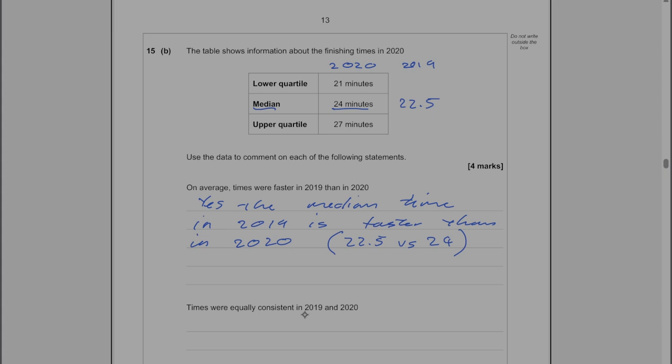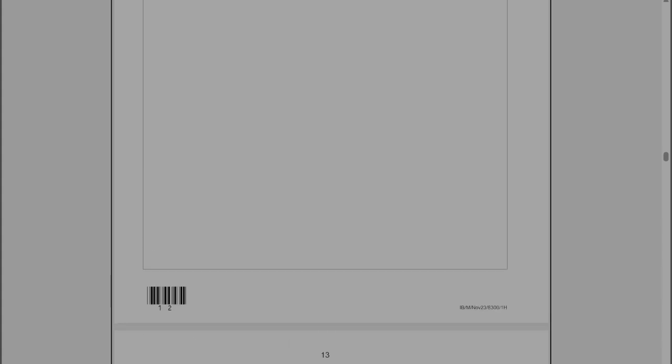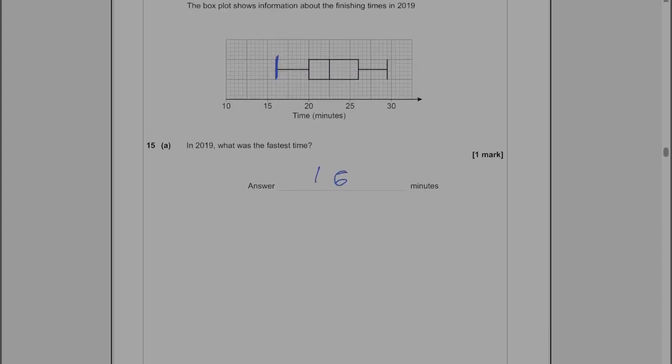Times are equally consistent. Consistent is referring to the interquartile range, so I'm going to include that underneath. For 2020 here it is 6 minutes, the difference between the upper quartile and the lower quartile. And in 2019, the interquartile range is 6.